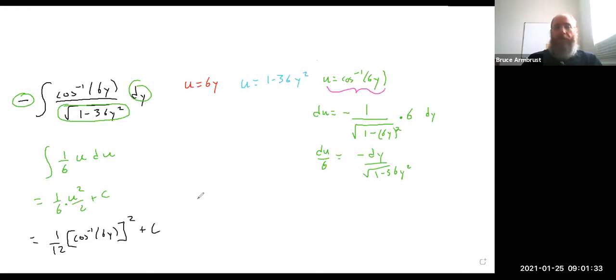You want to win, you don't want me to win. So practice just like any other game. Practice the skills, but also practice the strategy. That's what this is, deciding which u to use. That's the strategy of anti-differentiation.